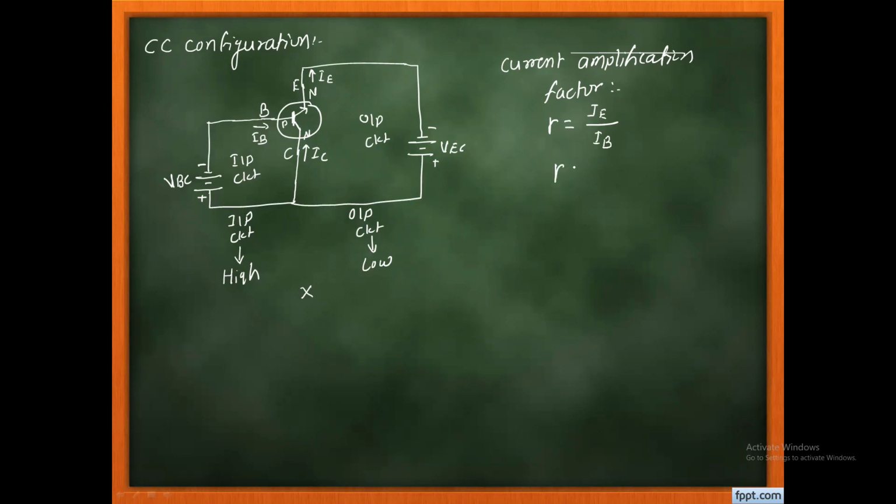The value of gamma is also greater than 1, but its input resistance is high and the output resistance is low. So that's why this is not a suitable configuration for current amplification. Get it my point? So please take a screenshot of it.